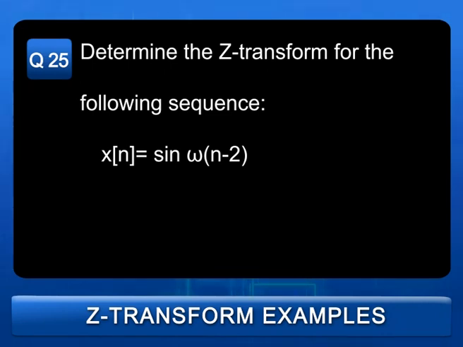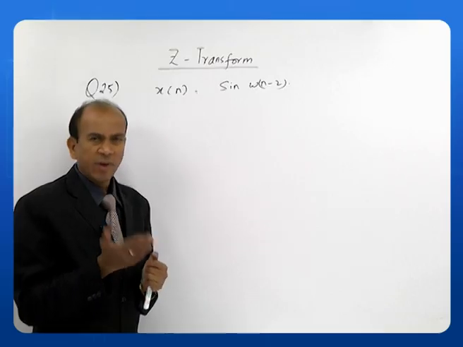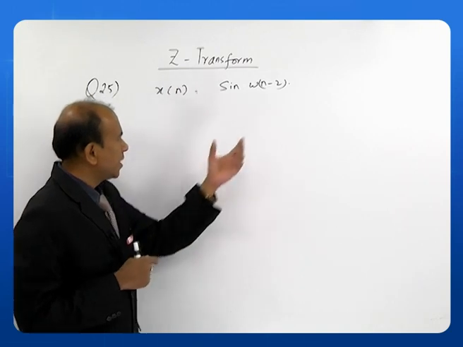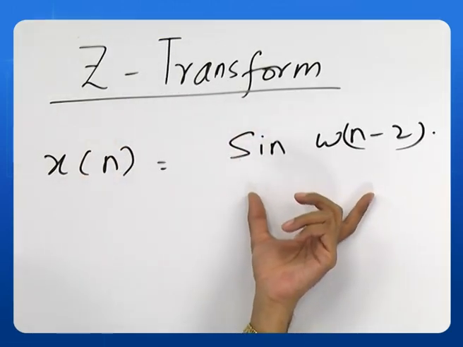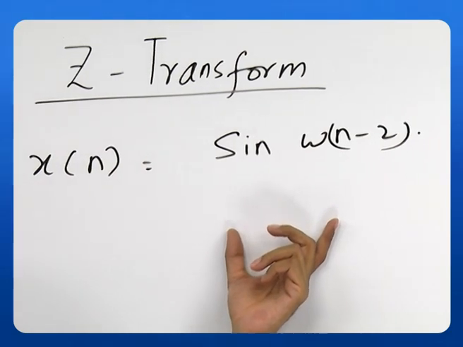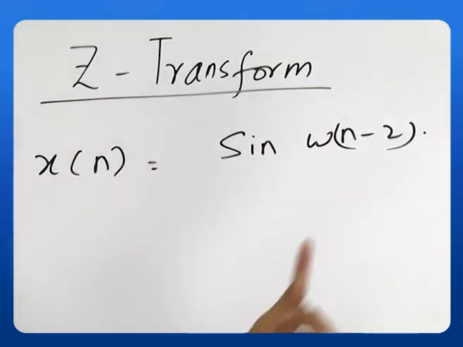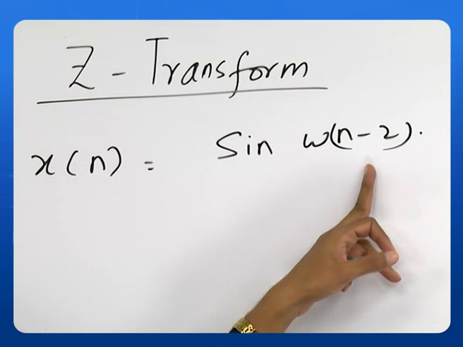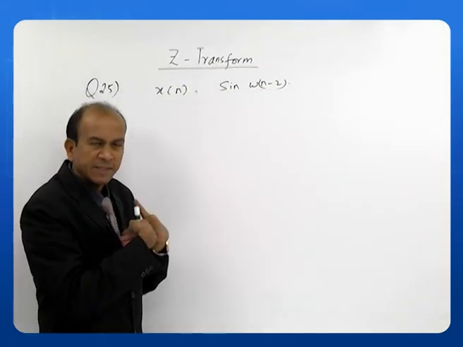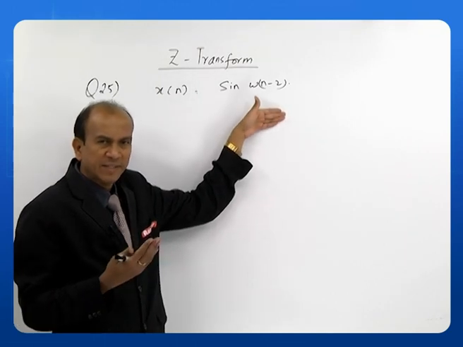Let us see the 25th problem. The 25th problem is we have to find out the z transform of x of n given sine of omega n minus 2. So two ways of doing this. One is find out what is the z transform of sine omega n from the beginning, and then because there is a shift here in time domain, that will be multiplied by z to the power of plus or minus k, depending upon whether this is plus or minus k time shift.